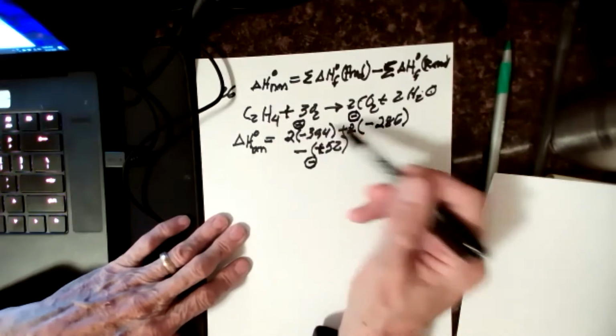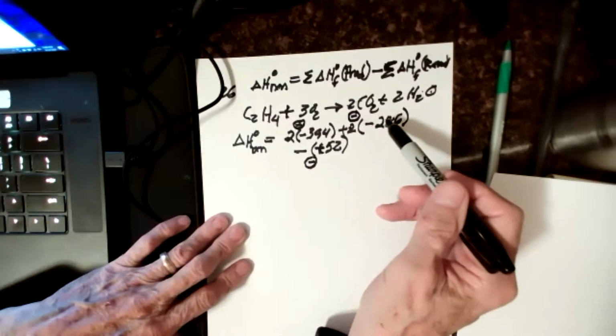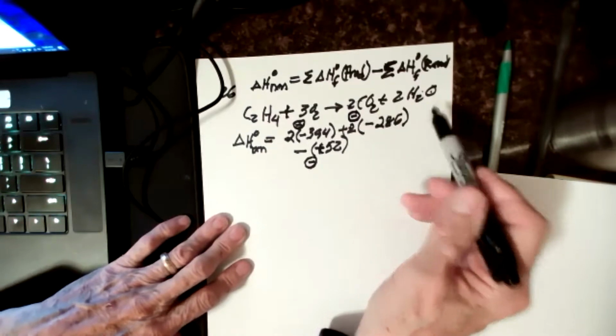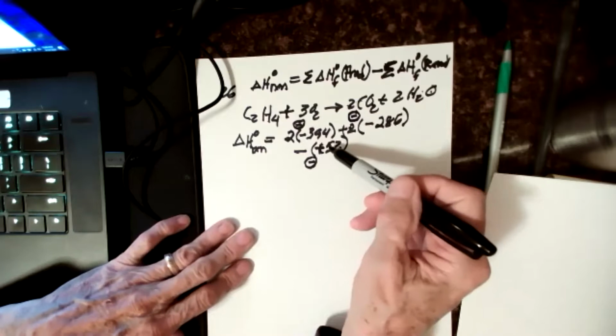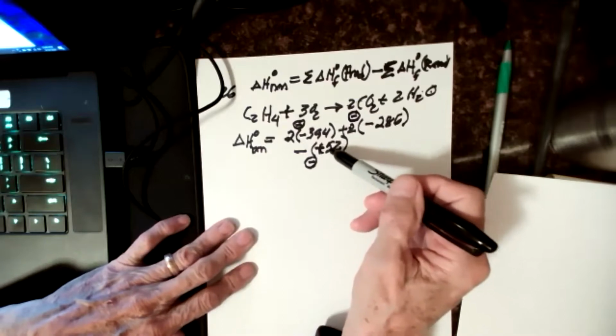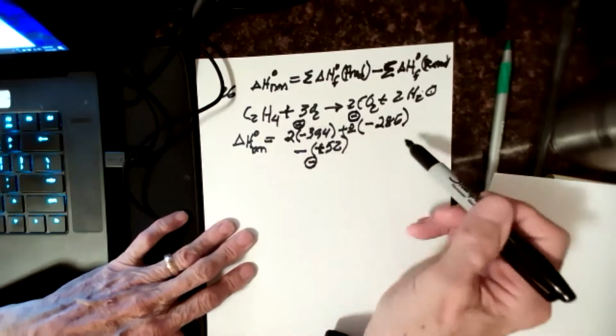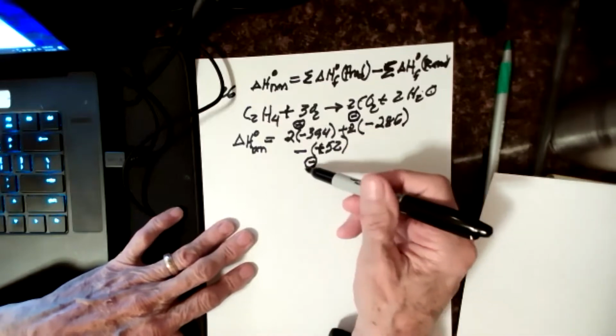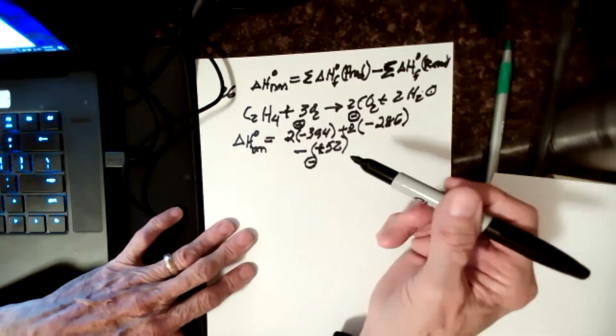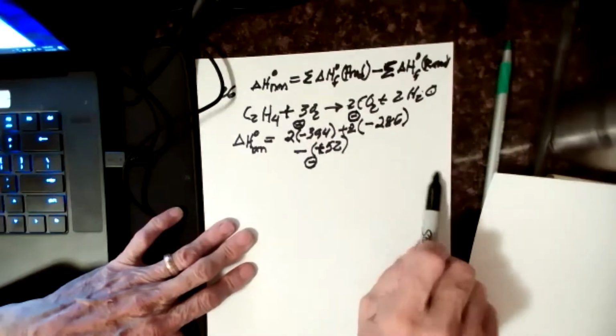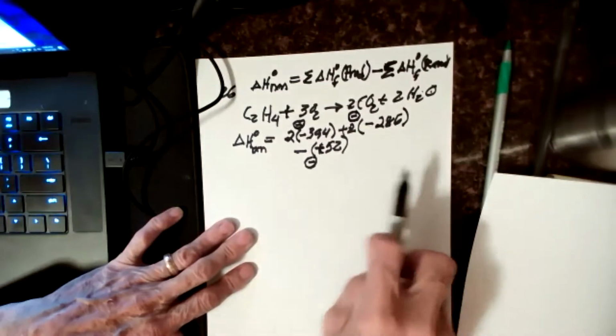2 times 394 plus 2 times 286 minus 52. Plus 52, and then look at whatever your calculator says and change the sign, put a negative sign in front. Sometimes I'll do that.